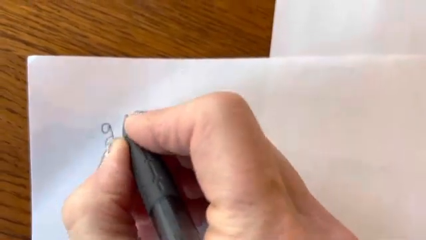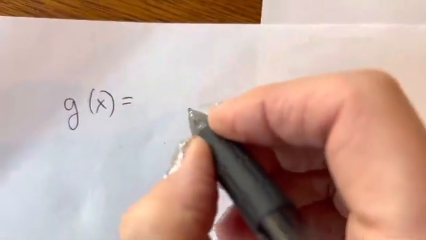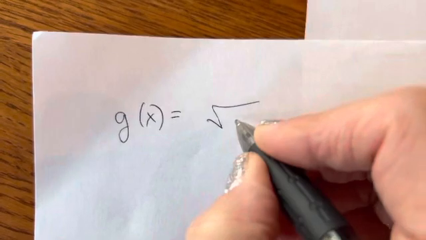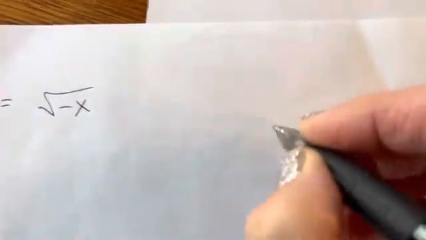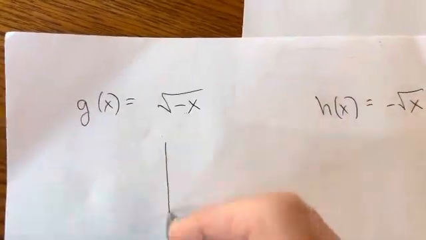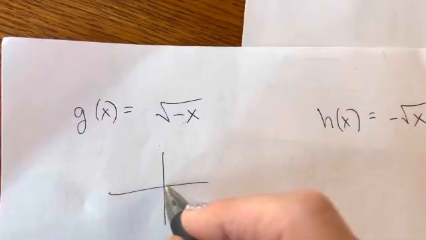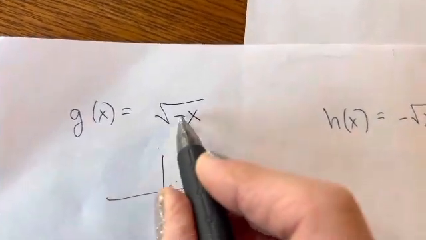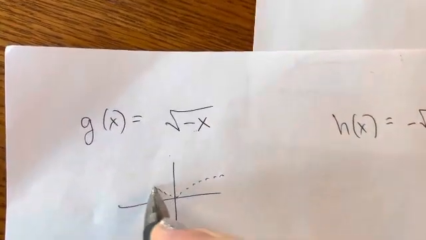Let's do this one. If you've got this on the inside, so let's do this, and we'll compare it to this. Okay? If it's on the inside, I still see a square root symbol, so I know we've got my little eyebrow. If it's on the inside, it reflects across the x.